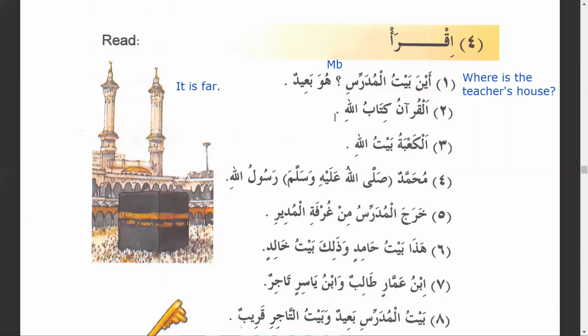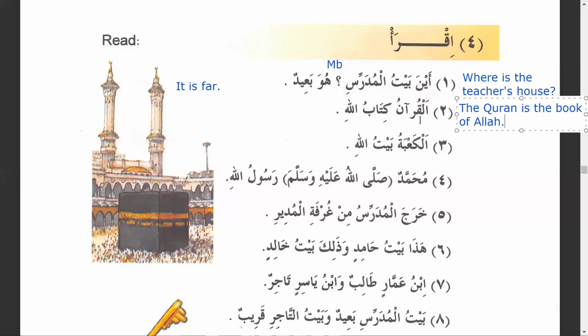Now, this one. Al-Qur'anu Kitabullahi. Can you translate it? The Quran is the book of Allah. Okay.